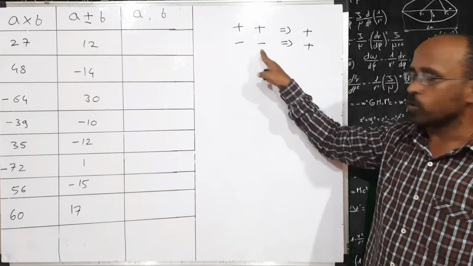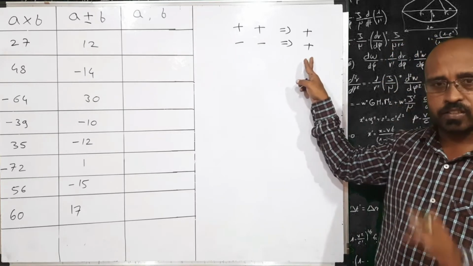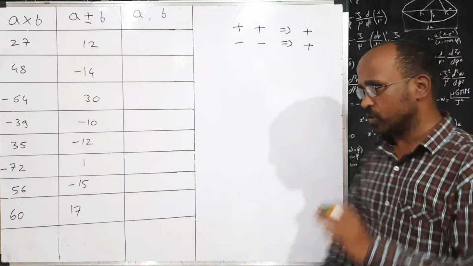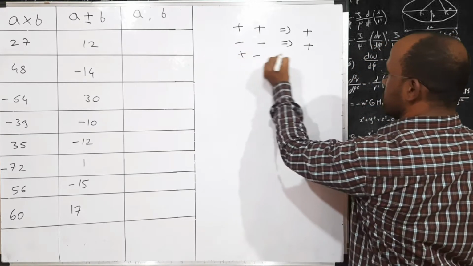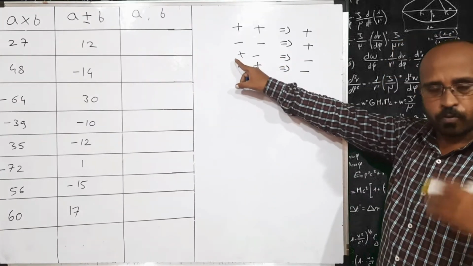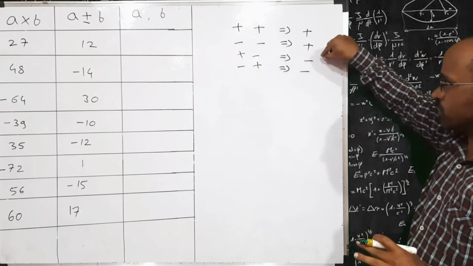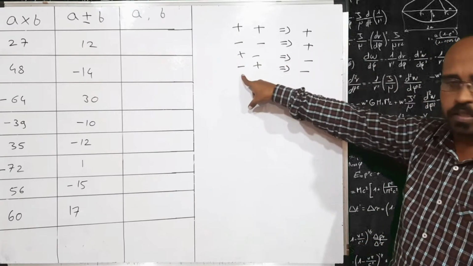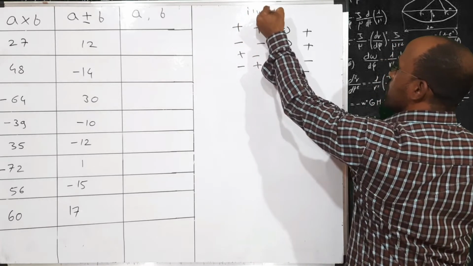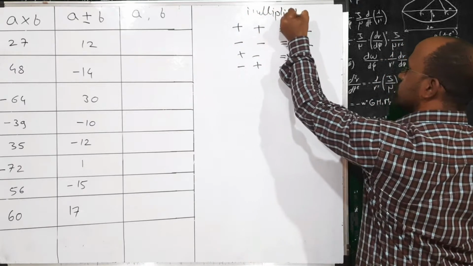If both numbers are negative, their multiplication is positive. If both numbers are positive, their multiplication is positive. Plus minus minus, minus plus minus: if one number is positive and one number is negative, the answer is negative. It happens in the multiplication of integers.